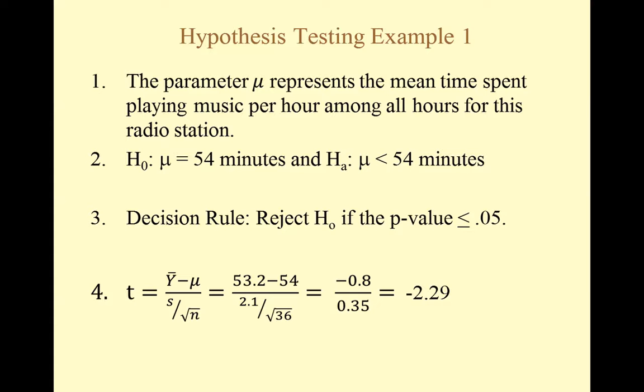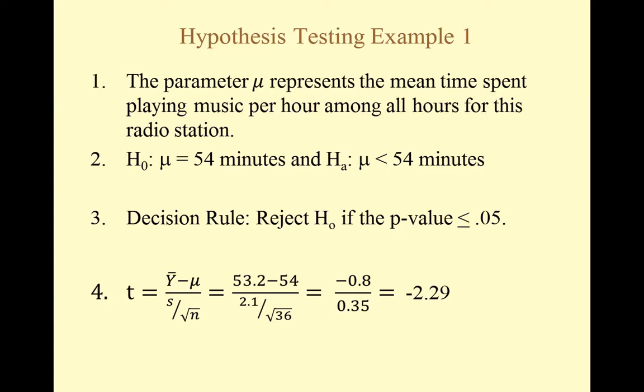Since mu is less than 54 minutes has a less than inequality, this is a left tail test. Values in the left tail of the t-distribution are going to support the alternative hypothesis.